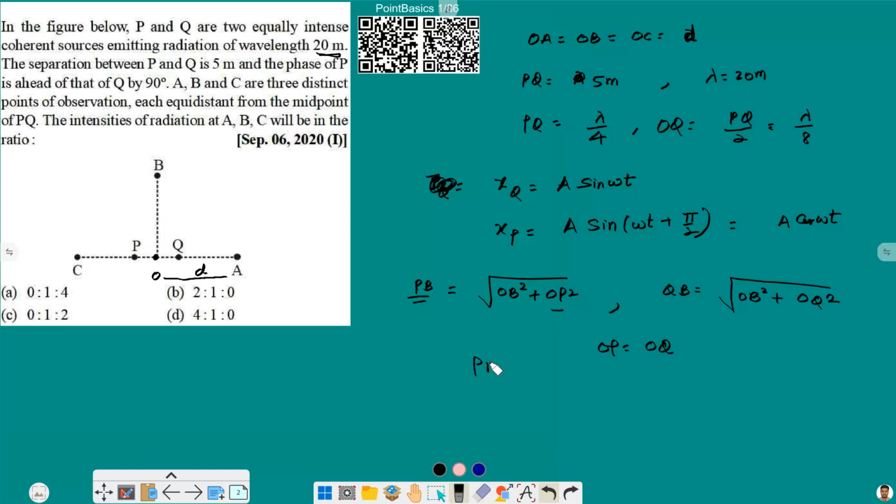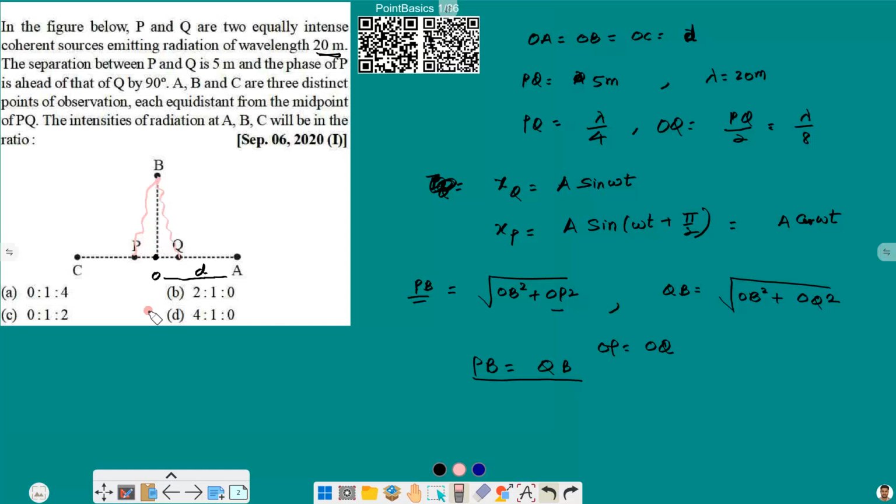So basically we will have PB equal to QB. As the distance traveled by the wave here, the PB wave and the QB wave, is equal, the phase difference is not going to change, it will stay as it is.